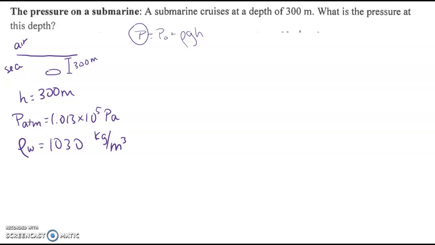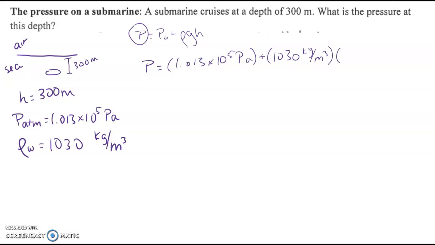All right, so luckily, this is now basically just plug and chug. So we've got the pressure is our atmospheric pressure plus our density times G. All right, so 10 meters per second squared.